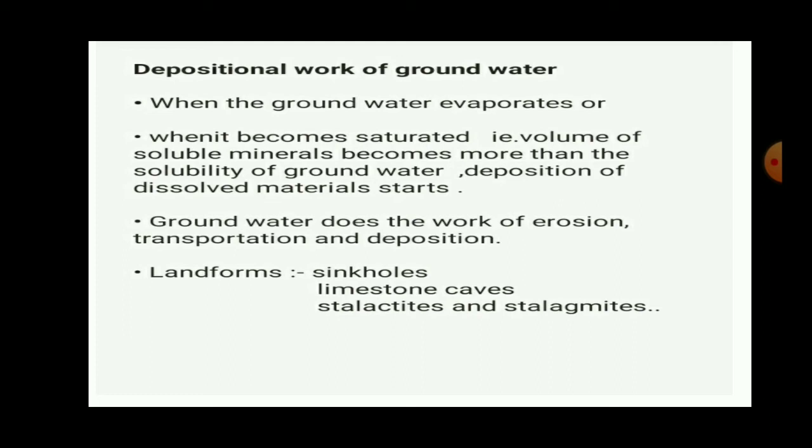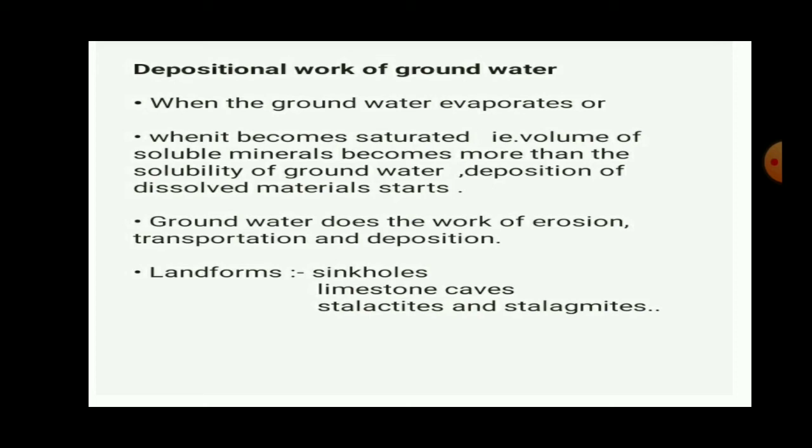I repeat, what is saturation? Suppose the groundwater has some minerals dissolved in it, more minerals dissolve in it, still more minerals dissolve in it. A stage will come when no more minerals will be able to dissolve in the groundwater. Such a state is called a saturation state.